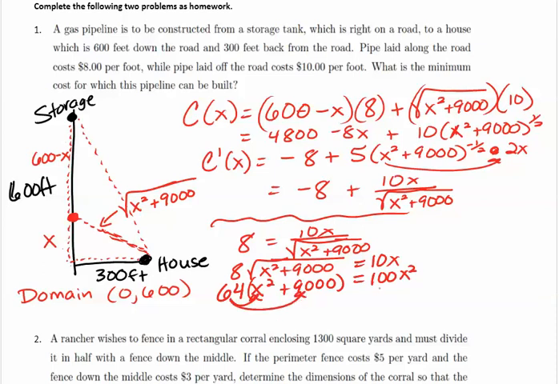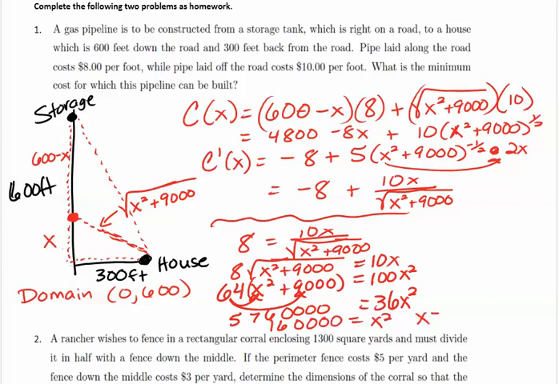So I'm going to move the 64x squared to the other side right away, if you don't mind. And 64 times 90,000, 5,760,000. And that divides by 36. So we get 160,000, I should say.